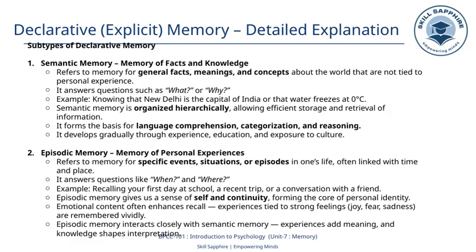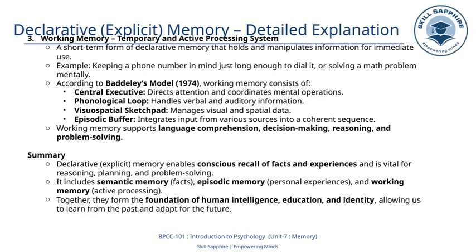Additionally, episodic and semantic memories are closely connected. Our personal experiences add meaning to our knowledge, and our knowledge helps us interpret our experiences, creating a rich, interconnected memory system. Now let's delve into declarative, or explicit, memory and explore what makes it so essential. Declarative memory is all about the facts and experiences we can consciously recall.